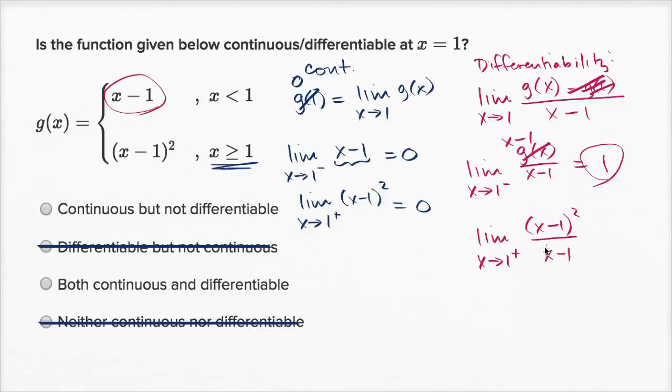As long as x does not equal 1, and we're just taking the limit as we approach 1 from the right-hand side, x minus 1 squared divided by x minus 1 is just going to be x minus 1.